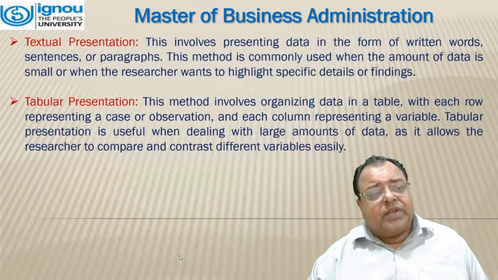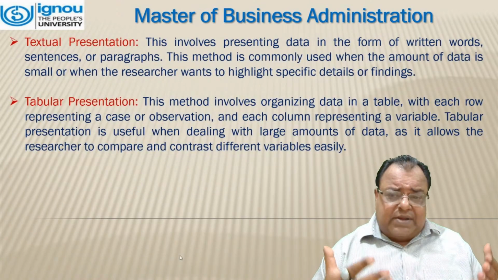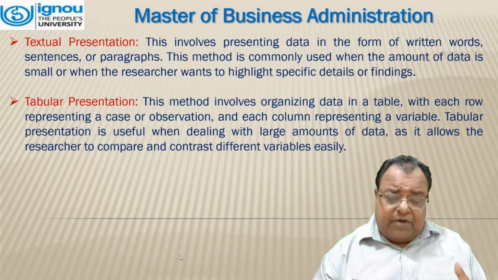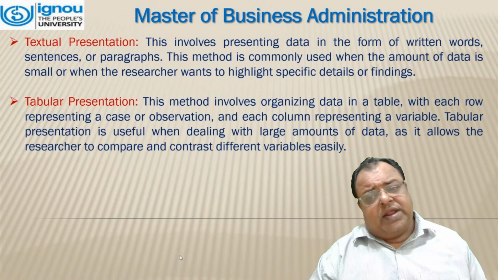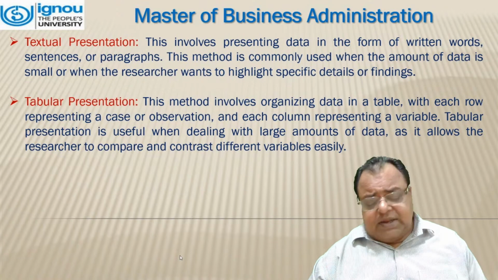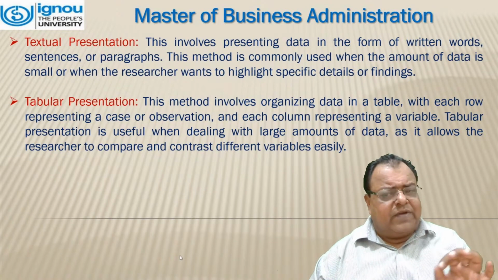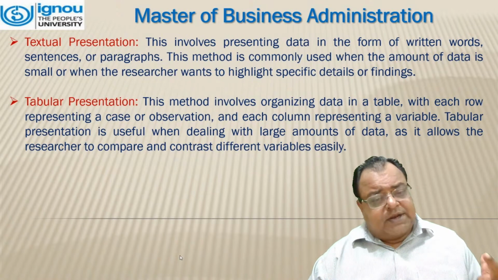We will see it. Textual presentation involves presenting data in the form of written words, sentences, or paragraphs. This method is commonly used when the amount of data is small and when the researcher wants to highlight specific details or findings. Another one is tabular presentation.